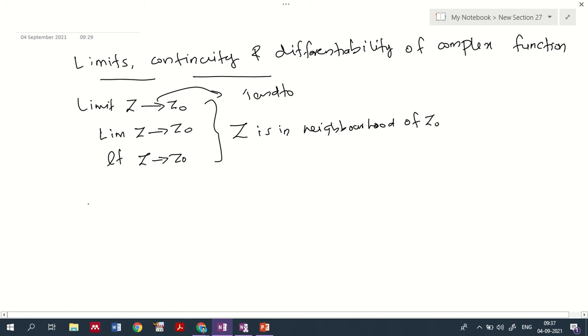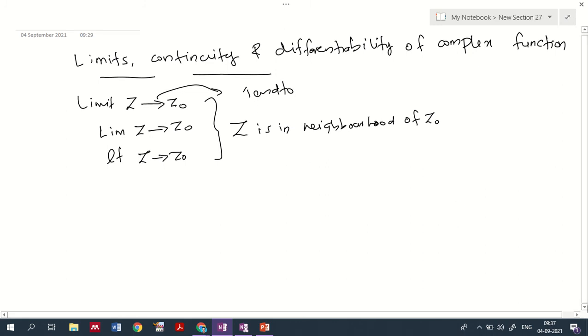Whenever you consider a real and a complex variable, how do we represent this? We have a real variable case and also a complex variable case. In both cases, this representation looks different.